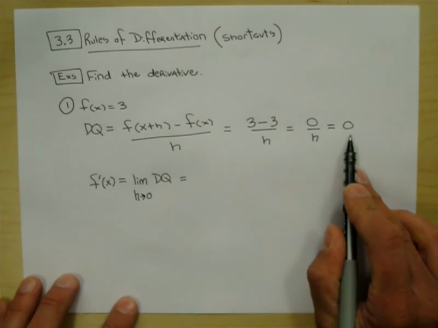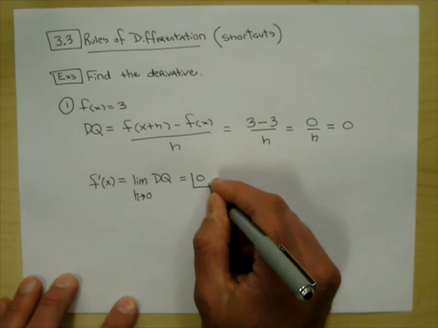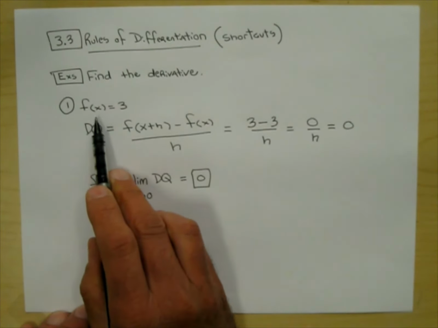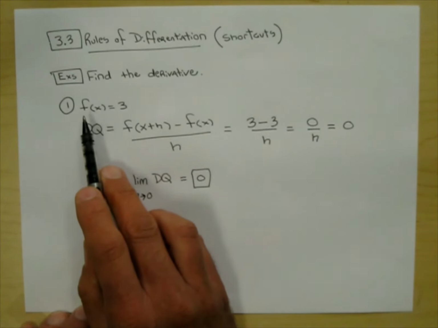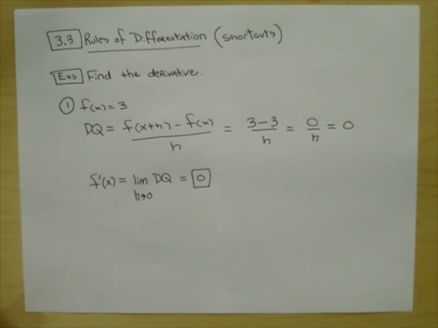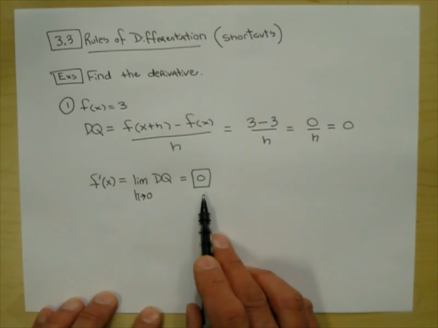Well, it's just 0. So we found the derivative of the function f of x equals 3. Now imagine if it said f of x equals 5 or f of x equals 7. The same thing would have happened, and the derivative would have been 0.